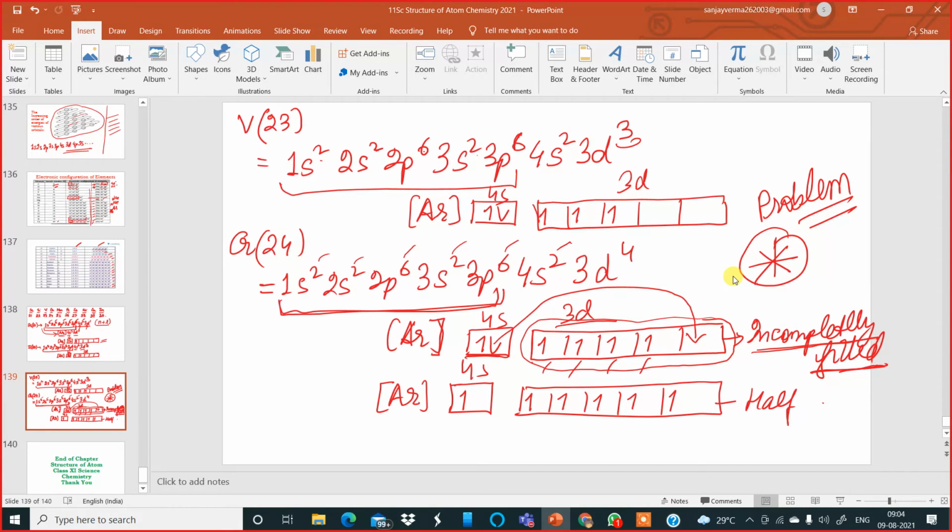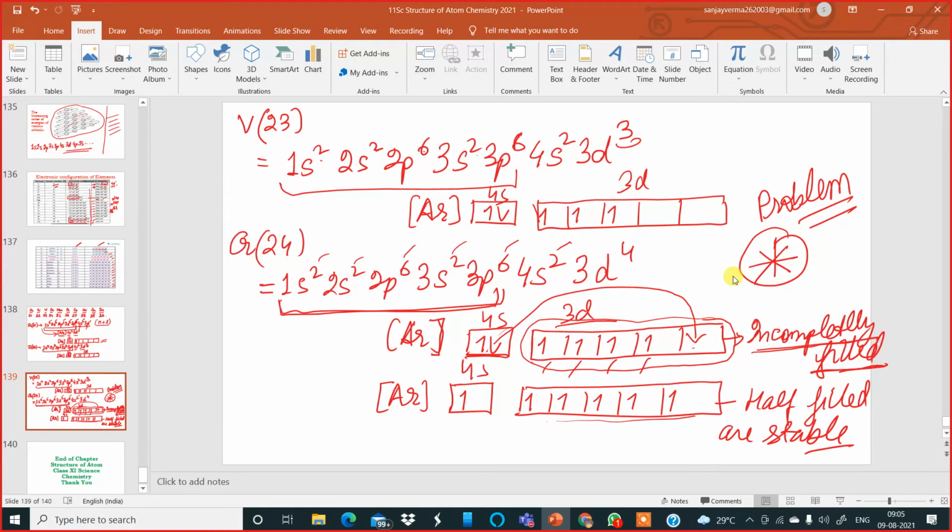So to make it stable, it is important for us to transfer one of the electrons from the lower energy orbital to the empty orbital and make it half filled. Half filled orbitals are stable. Am I clear?